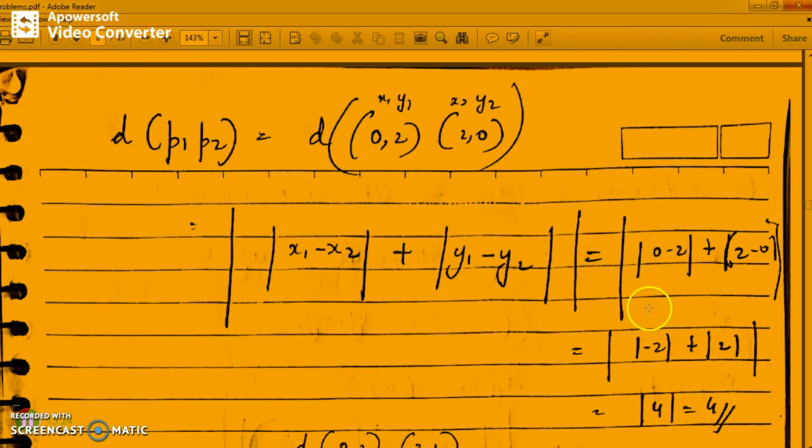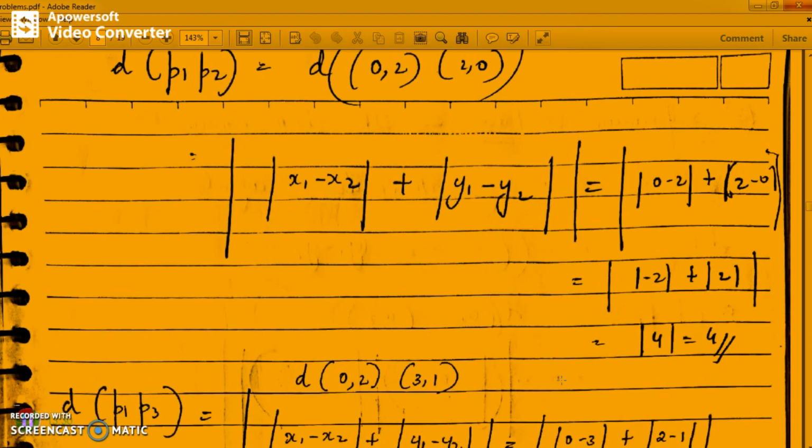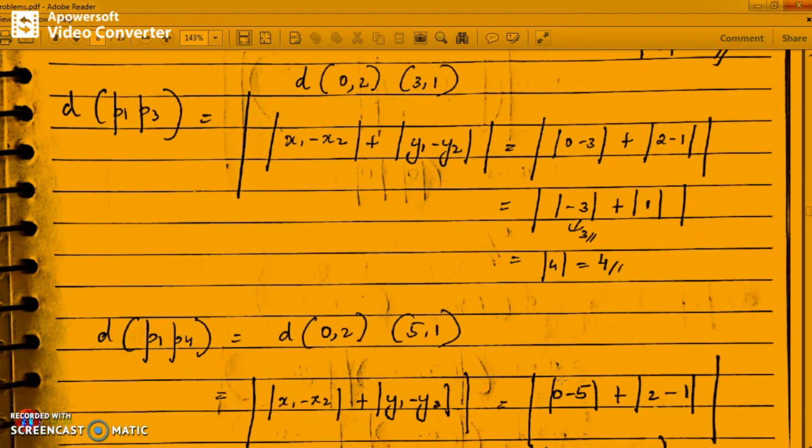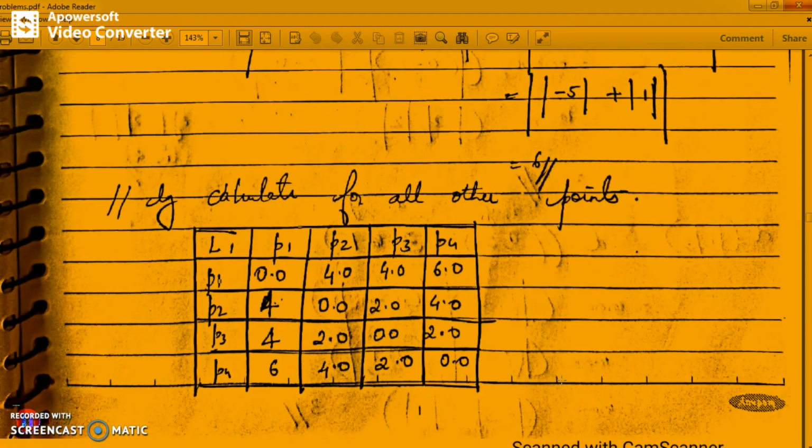Anyway, you will not have negative values, so the sum is a positive value, that is 4. Similarly, calculate the distance between all the points, all possibilities, using the Hamming distance, and finally this is the resultant table that you get. Again this is a skew symmetric matrix, and the diagonal elements are 0.